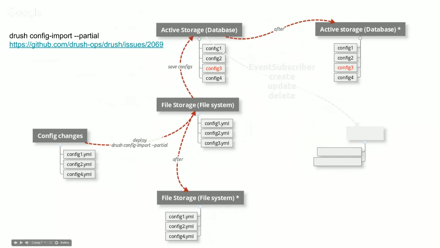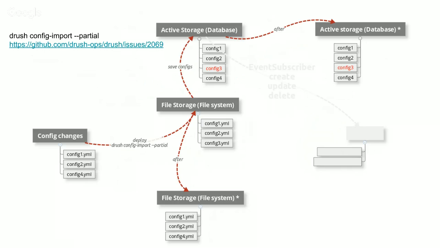The drush team provided us with a partial config importer workaround. How does it work? You can't delete configs from the database; you can only create or update.